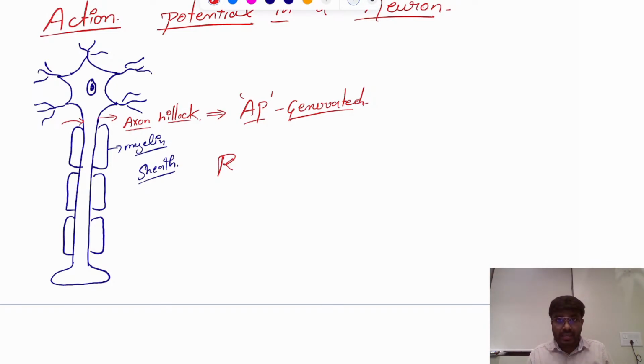Because of the sodium potassium ATPases, more sodium is going out of the cell, so there is a negative resting membrane potential. In the same way, our neurons also have a resting membrane potential of minus 70 millivolts. This is the MCQ which was asked: the resting membrane potential of a neuron is minus 70 millivolts.